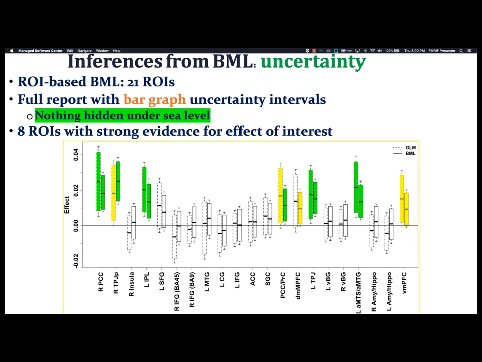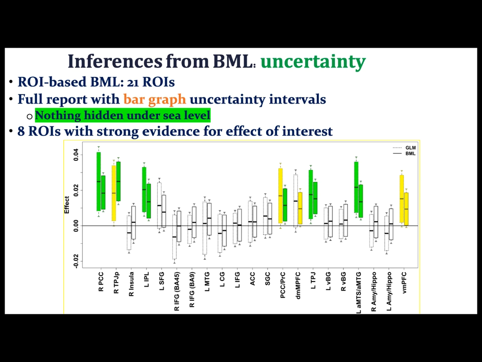So this is basically a second way to summarize the result. Also, one thing I want to mention is that here, for each region I show two results. The left one is the traditional approach, so I analyze that region independently. The one on the right-hand side is the Bayesian approach.